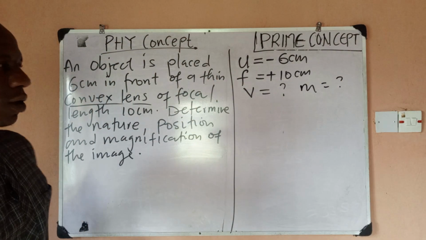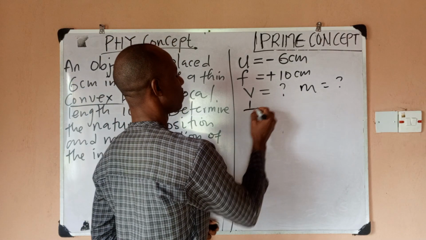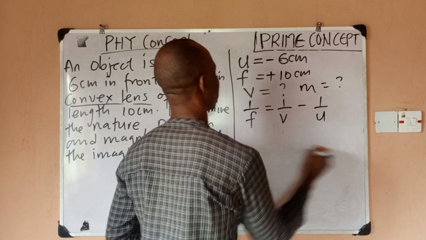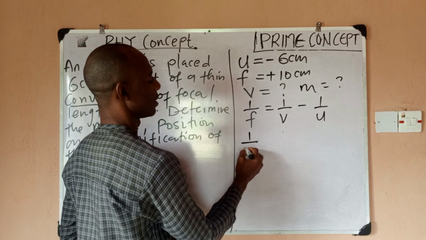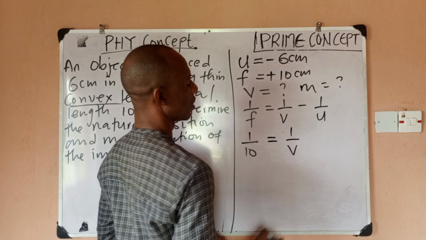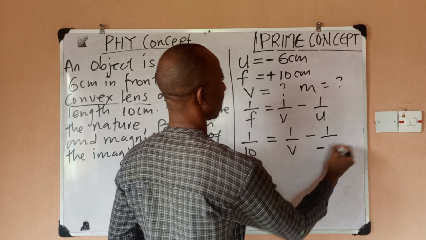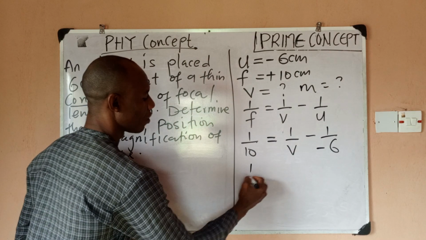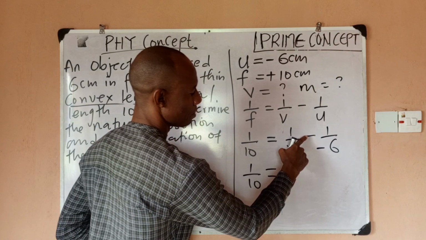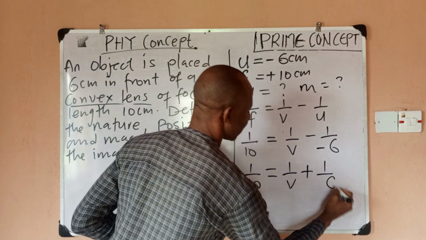Now let's solve this using our lens formula, which is 1 by f equals 1 by v minus 1 by u. So I have 1 by 10, which is my focal length, equals 1 by v, what I'm looking for, minus 1 by u. Now u is minus 6. So that I would have 1 by 10 equals 1 by v, minus times minus gives plus, so I have 1 by 6.